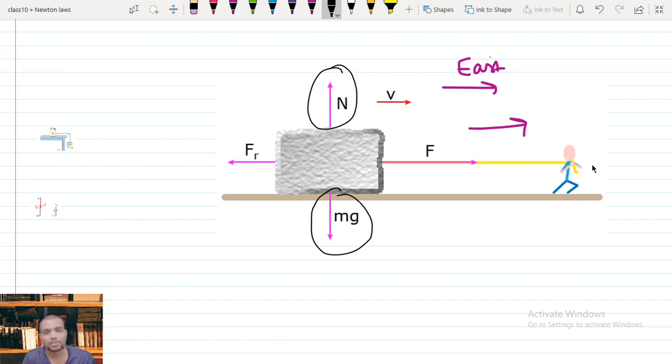This is common sense: in which direction force is more, in that direction the object moves. So to counterbalance, there is a friction force acting between these two surfaces. Here the friction force is less than the applied force, so that's the reason the object is moving in the forward direction.